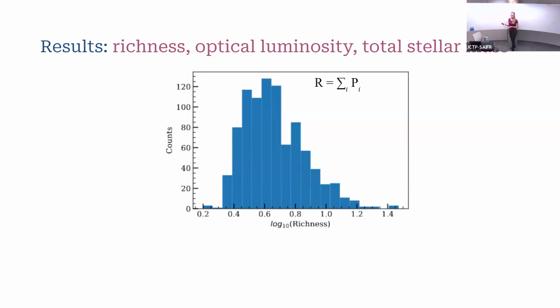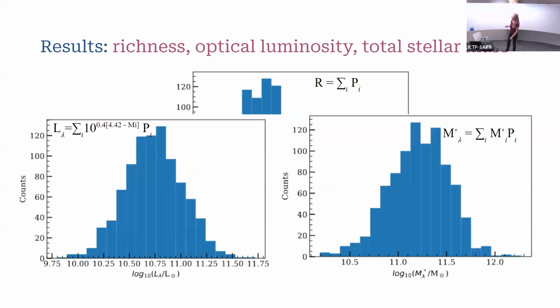But in the real data, we will have something like a richness of 4.5 or 4.9, anything like that. It's not that perfect. And also we try the optical luminosity, which is calculated like that, depending on the absolute magnitude in R band, and also the total stellar mass of the cluster, which is also everything weighted by this membership probability.